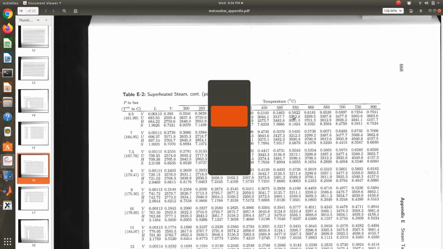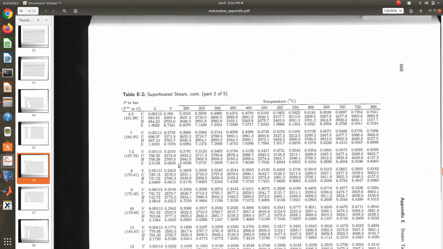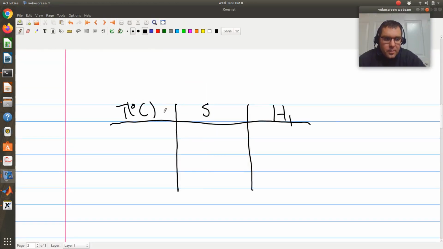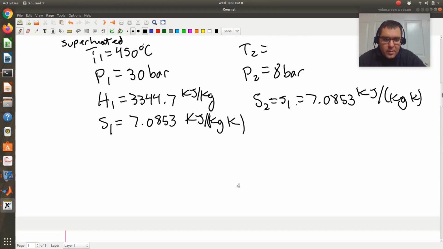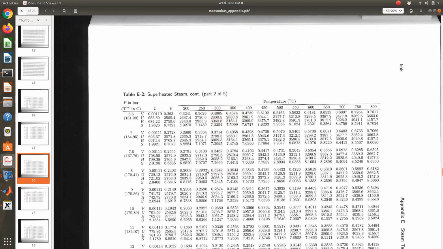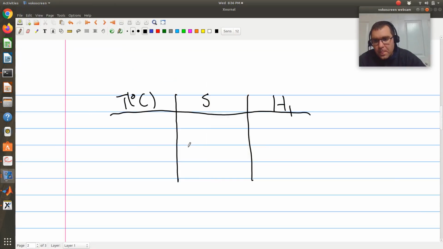All right. So we are at 8 bar. Okay, I've got 8 bar and 7.08. So 7.08 is between these two. So I know I'm between 250 and 300. So I'm going to be between 250 degrees C and 300.